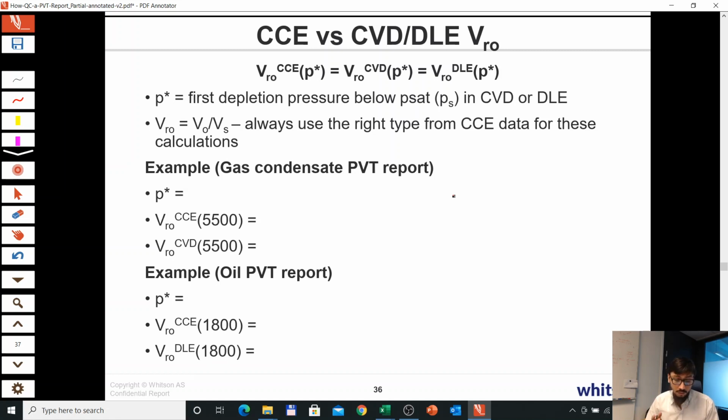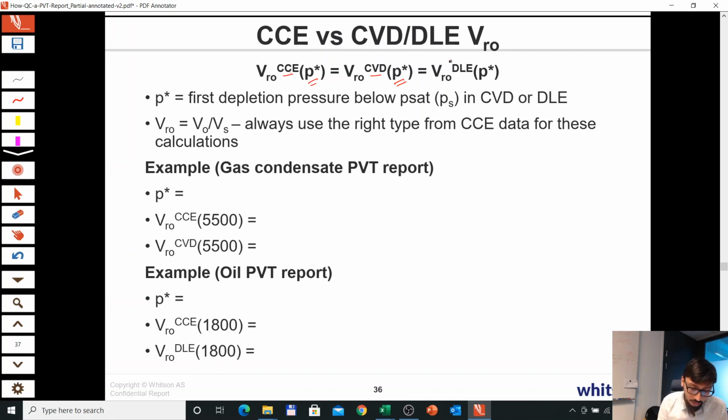What I mean by that is that if you have a CCE experiment and a CVD experiment, then the relative oil volume at a pressure P star should always be equal to the relative oil volume from the CVD experiment at the same P star pressure.